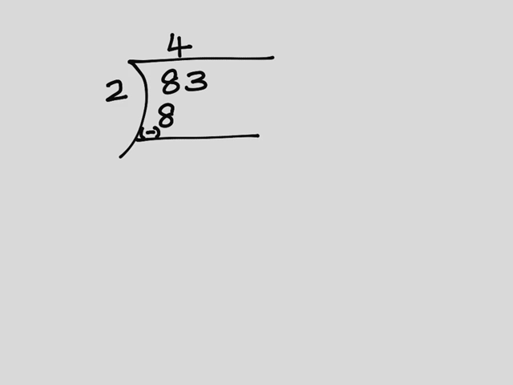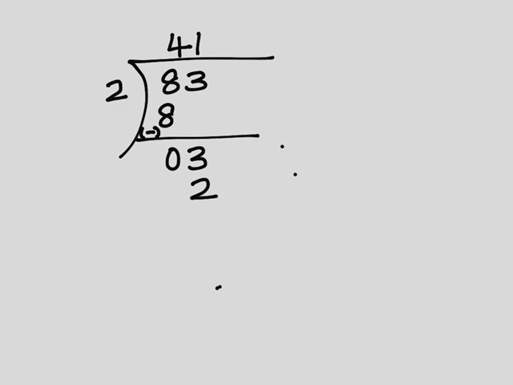Same number minus same number, we know it is 0. The next step is we have to bring this 3 down here. So if we bring that 3 down here, it becomes like so. Now we have to see 2 times what will become 3 or less than 3? We know 2 times 1 is 2, which is less than 3 or equal to 3.